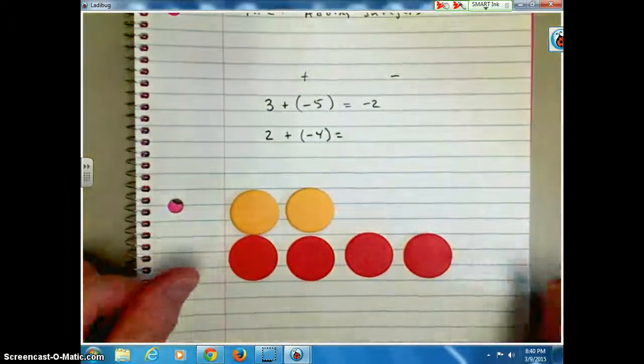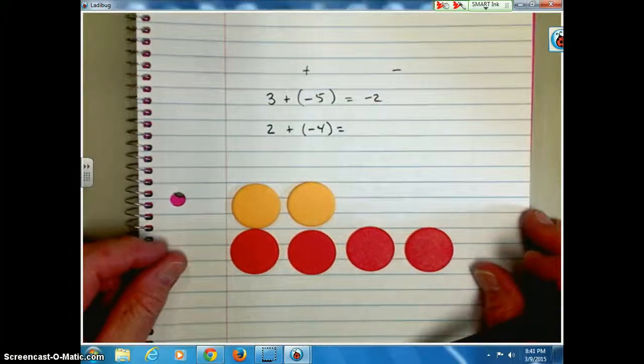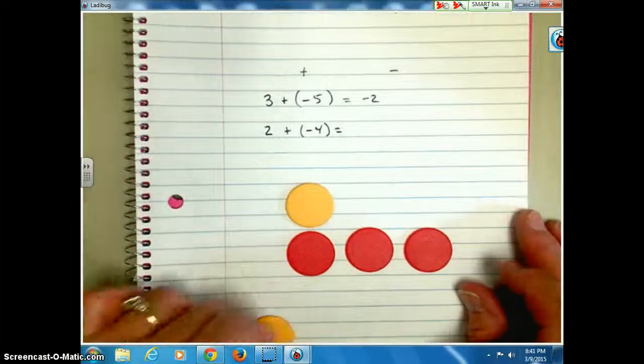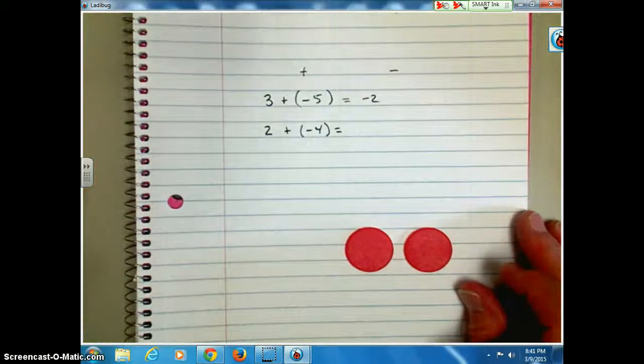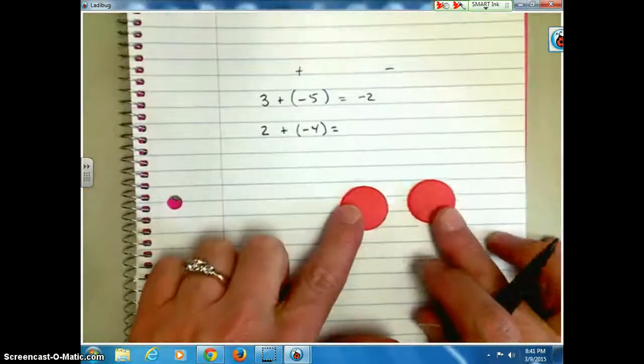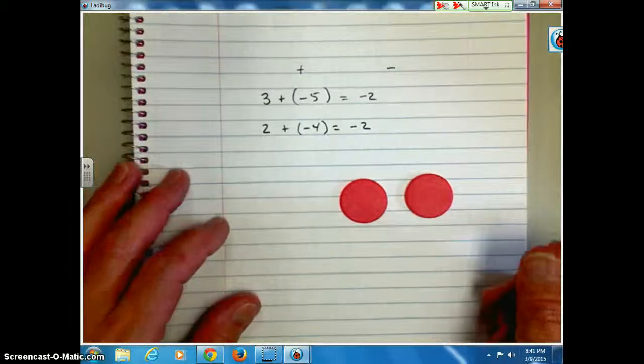I'm going to put them in a row just so they're easy to find. Then we look for our 0 pairs. We're going to group our 0 pairs. So there's one group of 0 pairs. We're going to take those out. And there's another group of 0 pairs. We're going to take those out. And then our end result is, again, a negative 2.